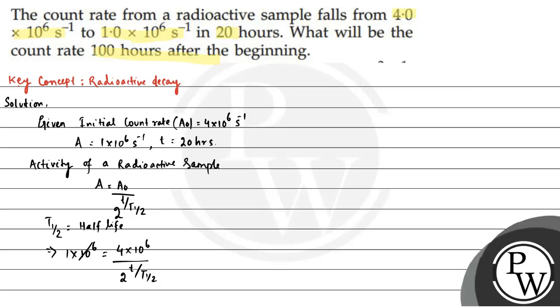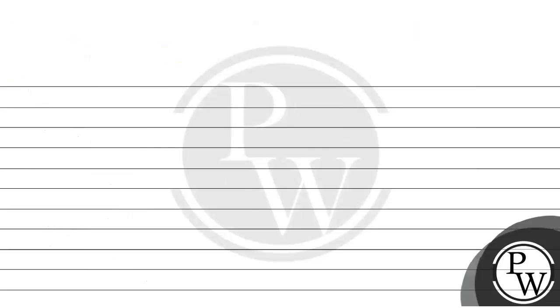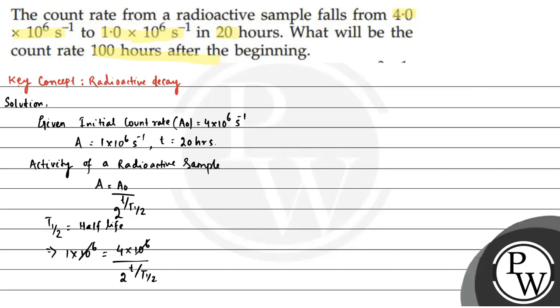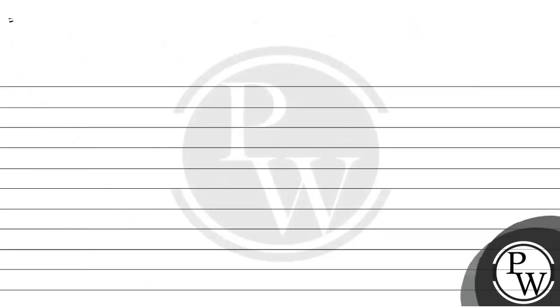You can see that 10 to the power 6 cancels out. On cross multiplication, since this is 4, we get 2 to the power T by T half is equal to 4, and this can be written as 2 to the power 2. So this part is equal to this part, and we can equate that T by T half is equal to 2.